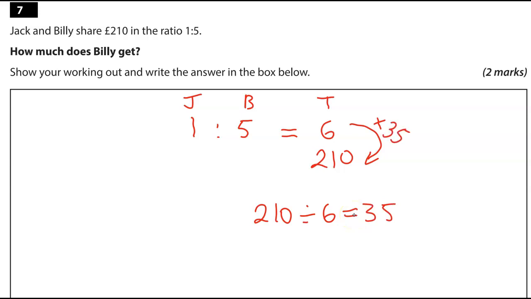So we've multiplied 6 by 35 to get to 210. So we'll do the same on the other side. 1 times 35 is 35, and 5 times 35 is 175. So the question is, how much does Billy get? And that is £175.